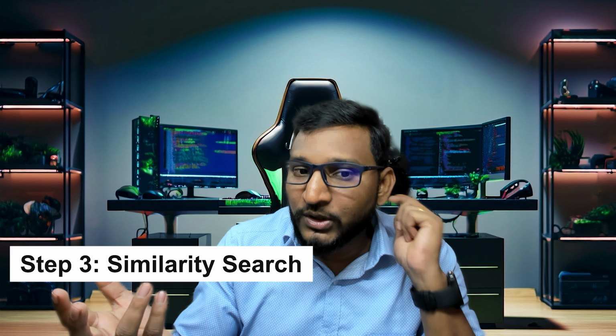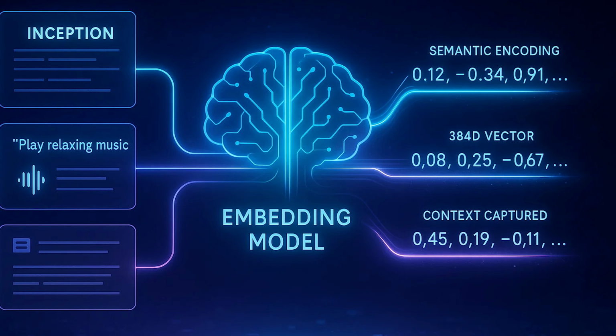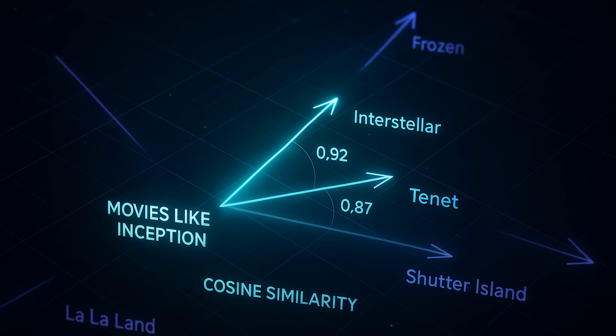The third part is semantic search. When you search "movie like Inception", your query gets converted into a vector, basically converted into numbers.